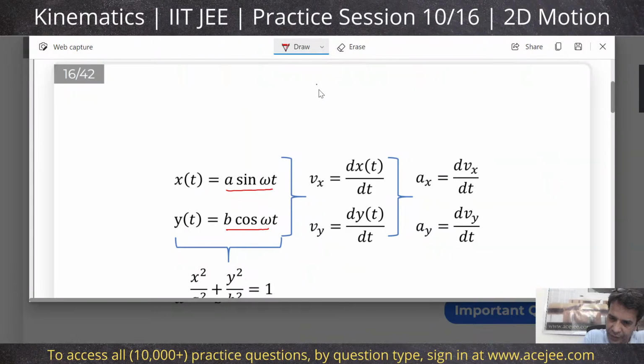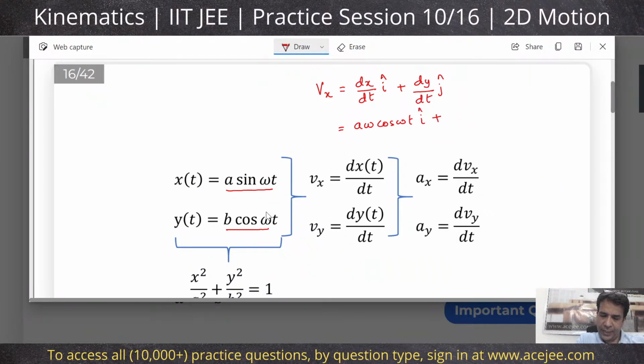What will be the velocity vector here? dx by dt i cap plus dy by dt j cap. What will be dx by dt? Derivative of a sine omega t. There will be a omega cos omega t i cap.